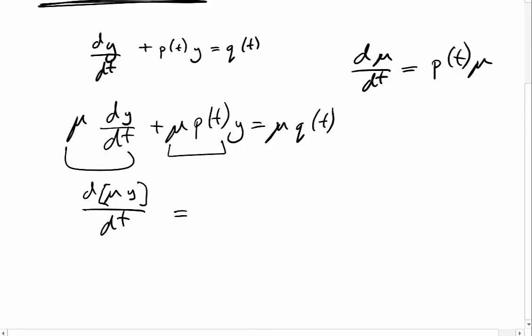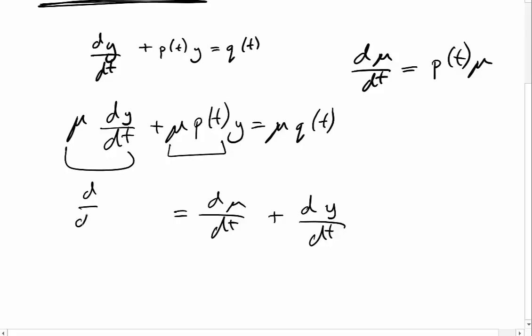So I end up with d mu by dt times y plus mu times dy by dt. In other words, the derivative of mu y is equal to the derivative of mu times y plus mu times the derivative of y with respect to t. Okay, that's just the chain rule, right?